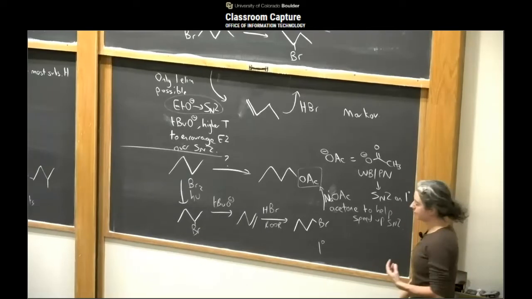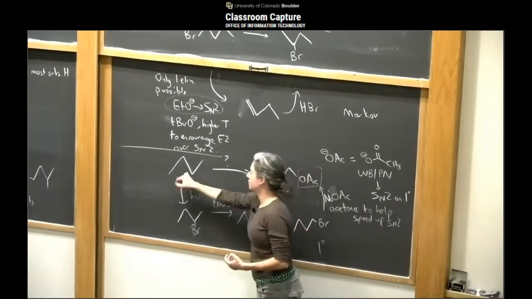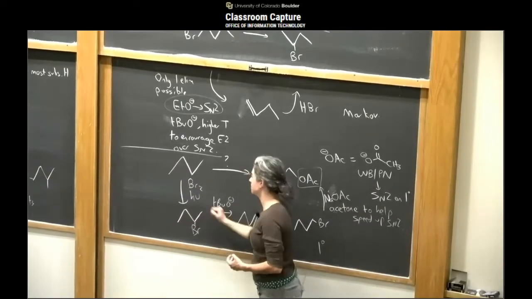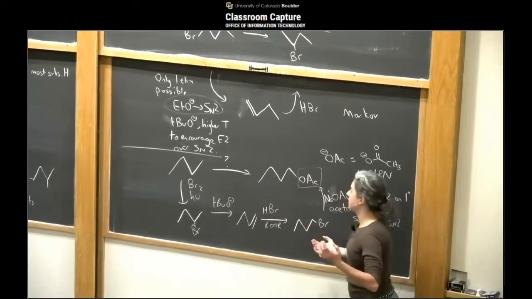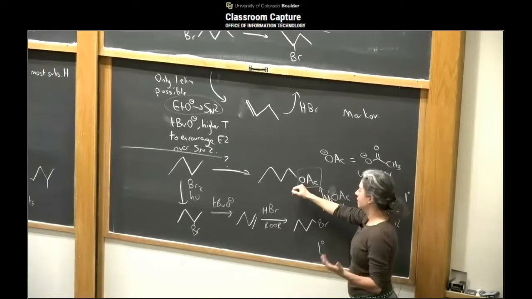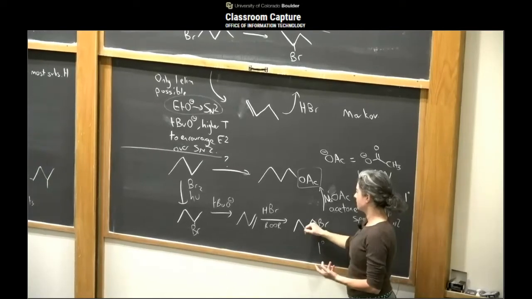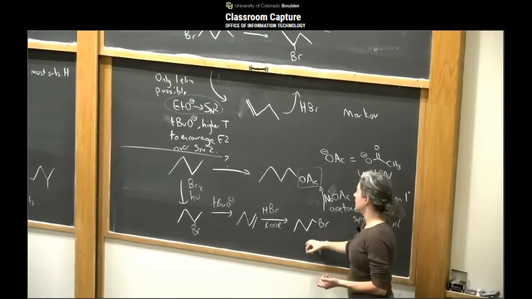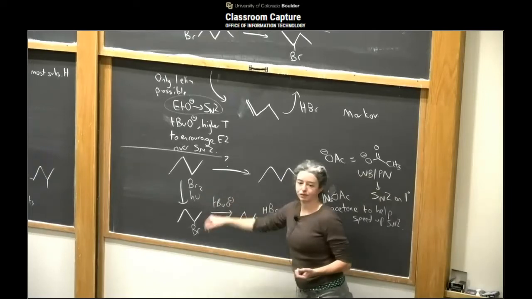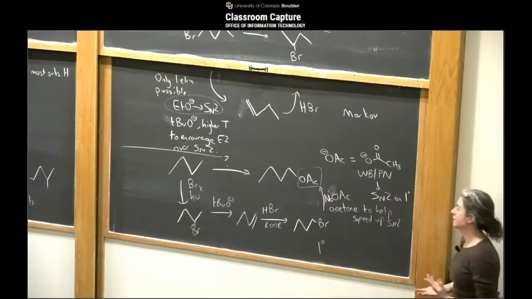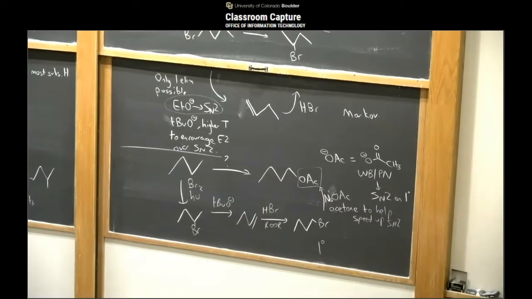So don't think that you always have to sit down and be like, okay, step one would be this, then step two would be that. Sometimes you're like, I have no idea, but look at this product. The thing right before that must have been an alkyl halide, because that's pretty much the only thing I know how to substitute for. And then you can work your way backwards from there. So it's pretty nonlinear solving these problems, especially once we get more and more reactions under our belts.